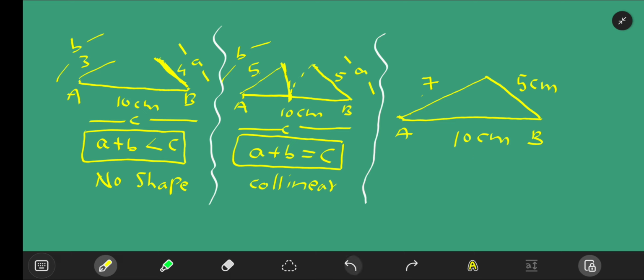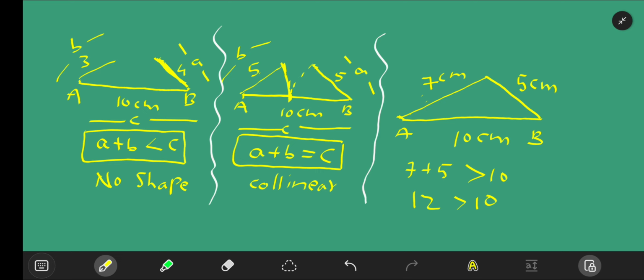The sum of these two, 7 plus 5, is 12, which is greater than 10.